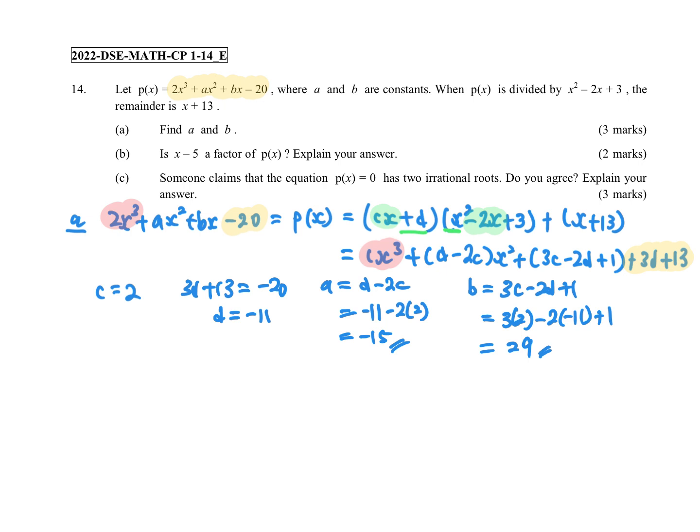Part B. Now we have the polynomial p(x), with a and b. We just plug in using the factor theorem. We try to find p(5), where a is negative 15 and b equals 29.